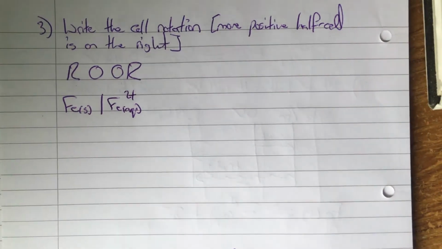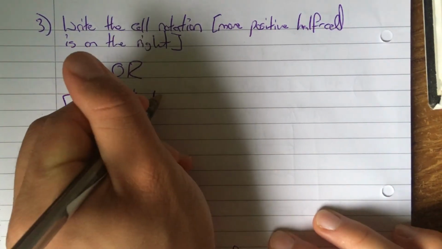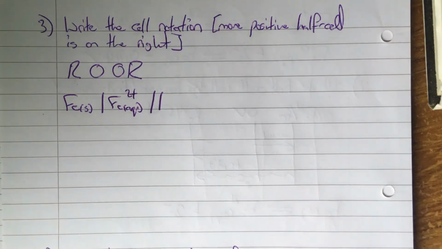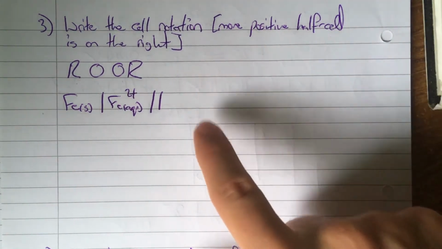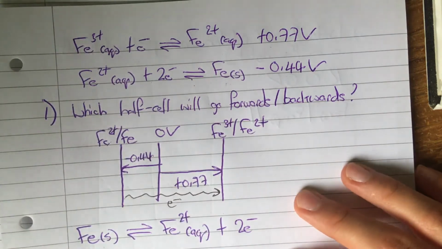Okay, that's my left hand side. I then separate it with a salt bridge, and then my more positive half cell is going to go on the right, and that is my iron 3+ and iron 2+ equilibrium.